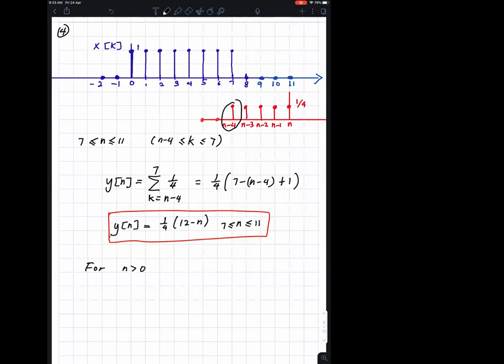If n is greater than 0, not greater than 0, but you don't have to worry about this. Once n minus 4 is greater than 7, there's going to be no overlap, right?